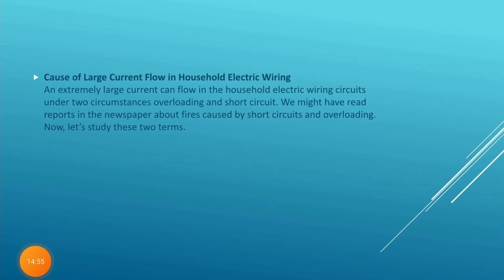Causes of a large current flow in household electricity wiring. An extremely large current can flow in household electricity wiring circuits under two conditions: overloading and short circuit. We might have read reports in the newspaper about fires caused by short circuits and overloading. Now let's study these two terms.